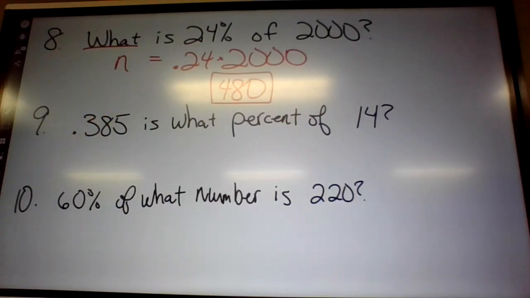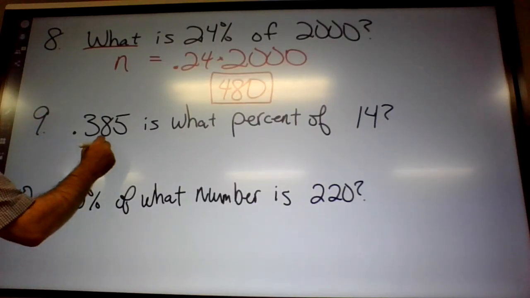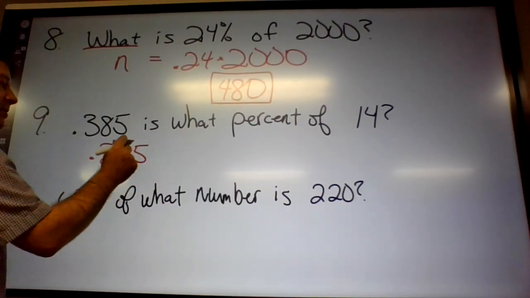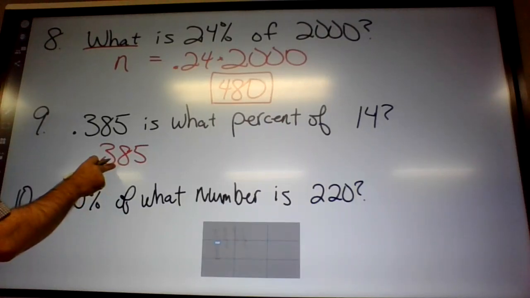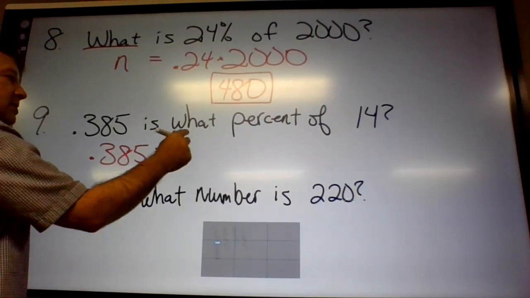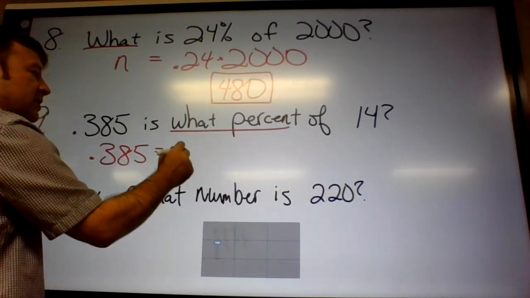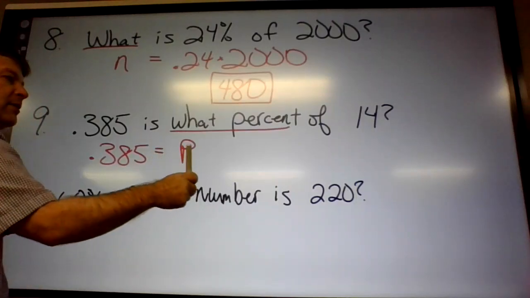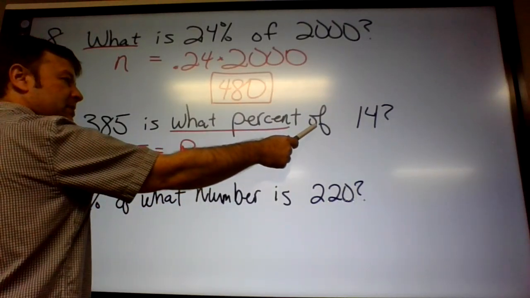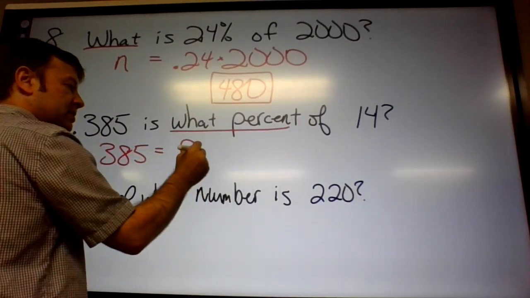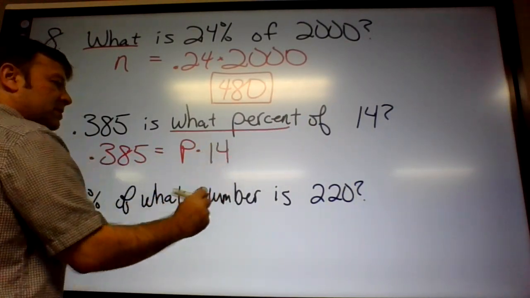Well, number 9 comes out easy. You move the decimal. Okay, 0.385, what percent is 14 times P?